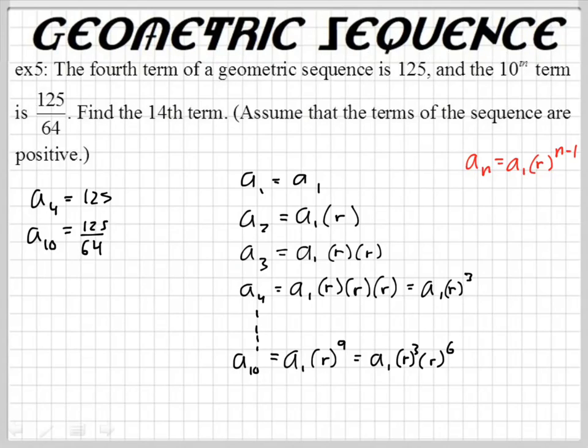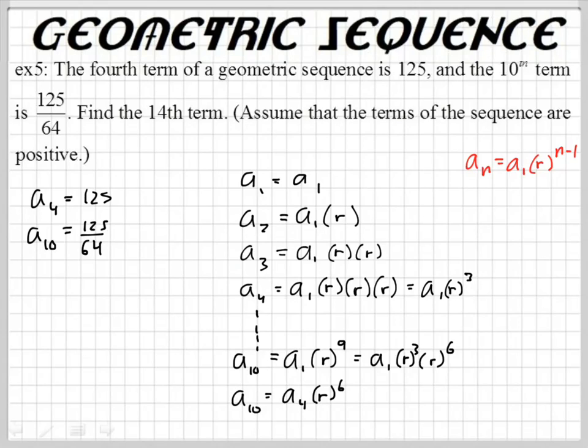Yes, I can. Now why would I want to do that? Because you want to simplify? Do you see it? What does a sub 1 times r to the third equal? A sub 4. So technically, a sub 10 right here equals a sub 4 times r to the 6th. Do you see what happened?